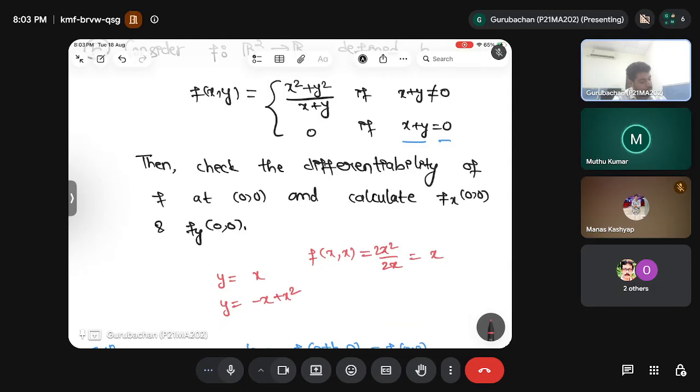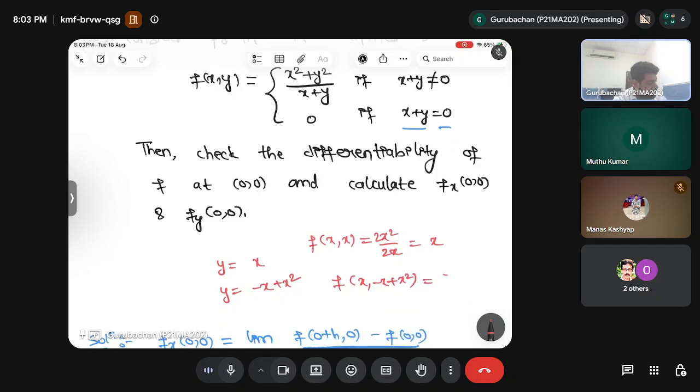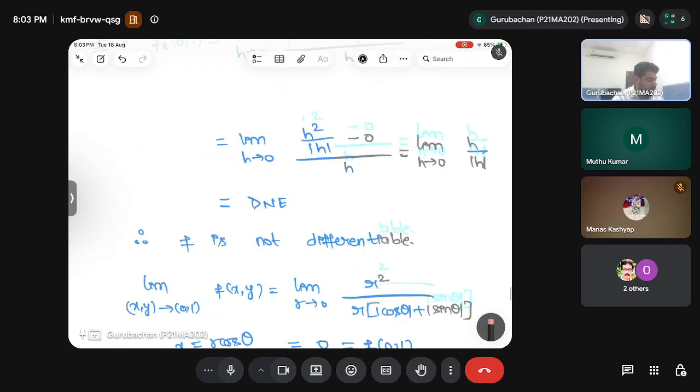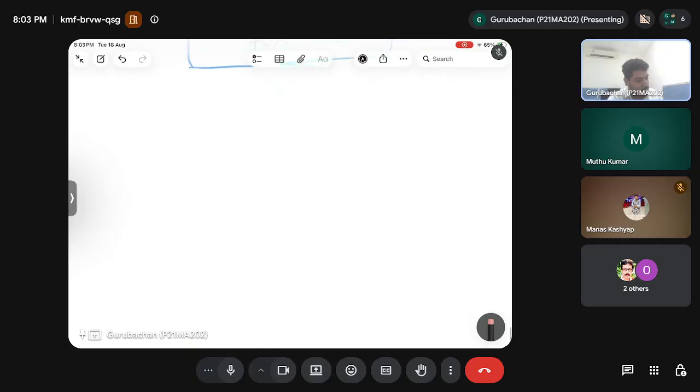Please calculate the limit along this path. Okay, F of, yes, so this will be minus x. Okay, let me do it. Minus x plus x square.